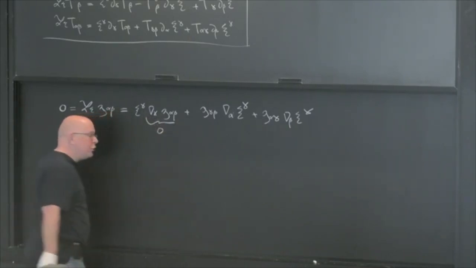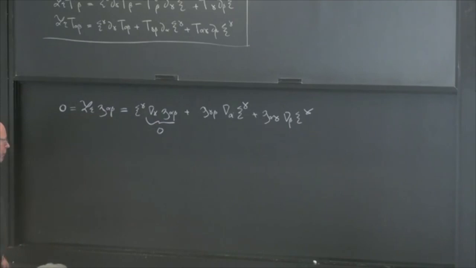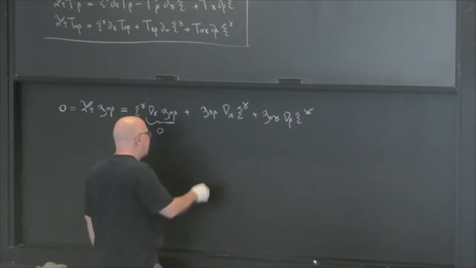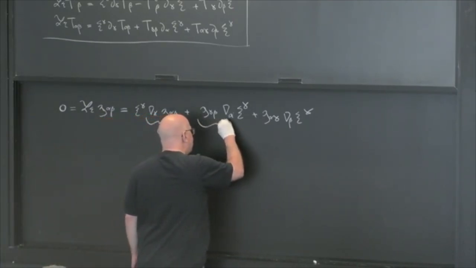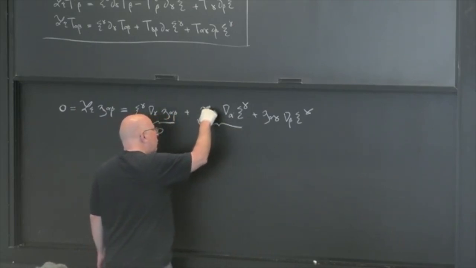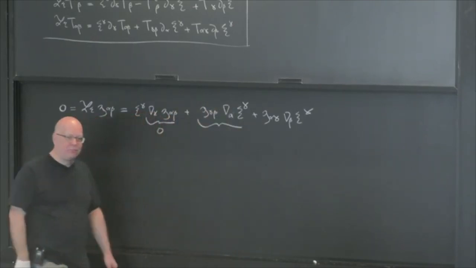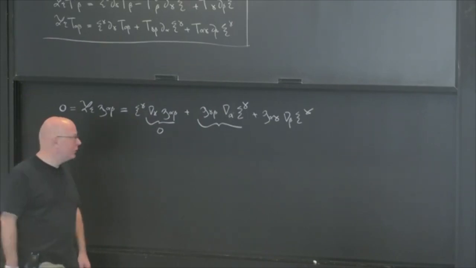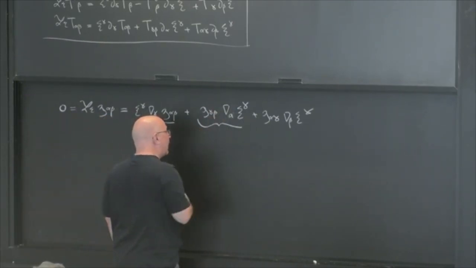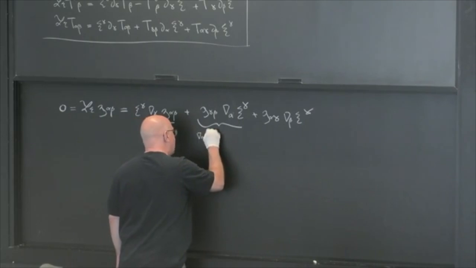This is guaranteed to vanish because the connection is metric compatible. And because the connection is metric compatible, what I can do here is to throw the metric inside the derivative operator. We can always do that freely when we deal with a connection that's metric compatible. So I'll write it like this.